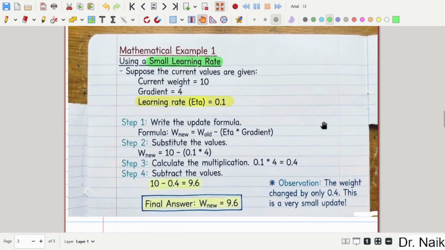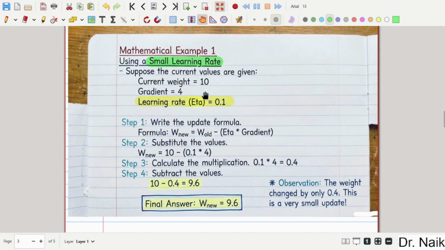Now consider example 1, using a small learning rate. Suppose the current weight is 10 and the gradient is 4, and we are using a very small learning rate, eta, of 0.1. The update formula is W new equals W old minus eta times gradient.